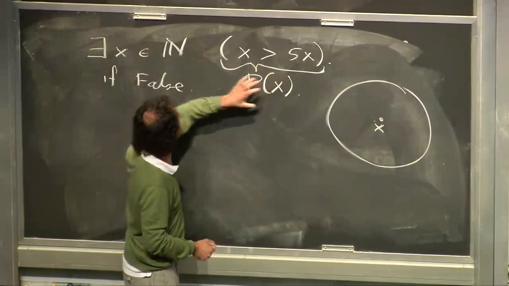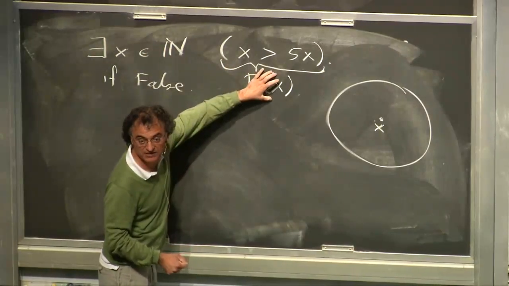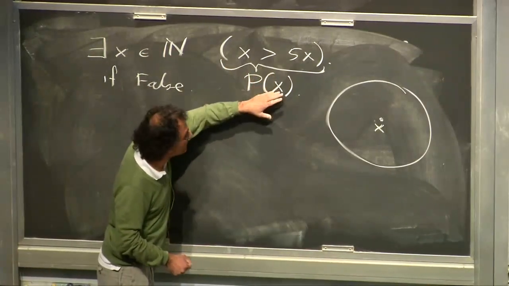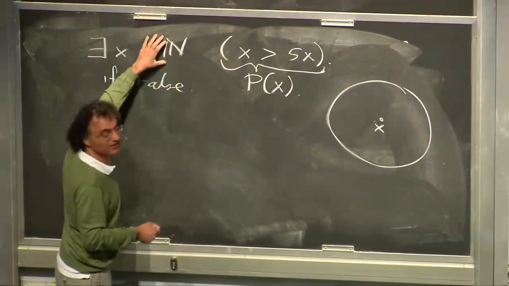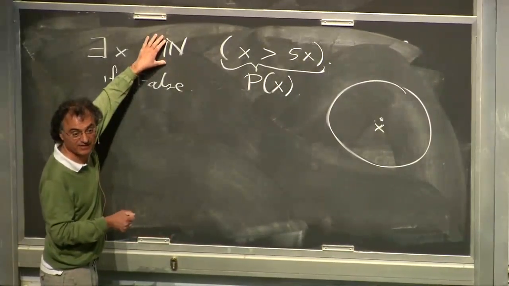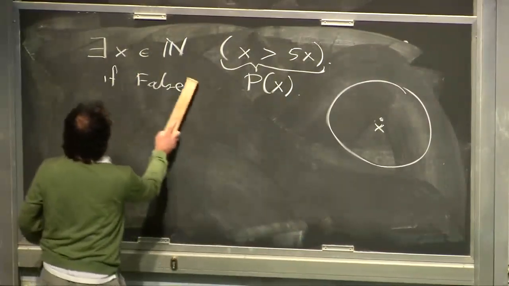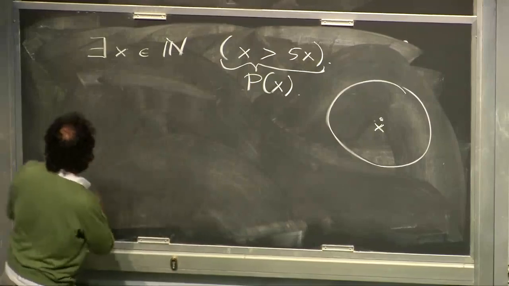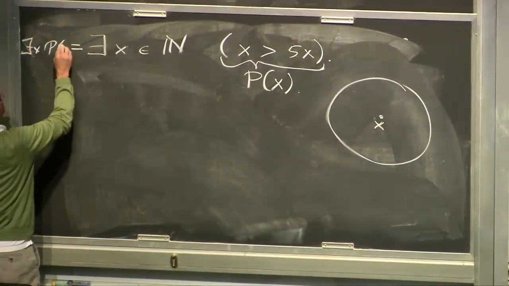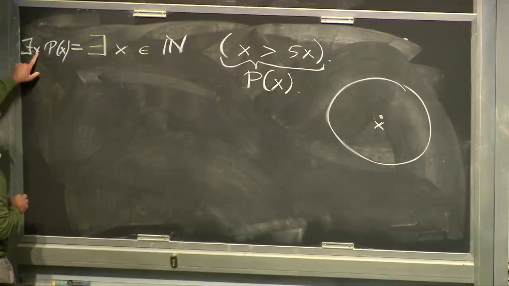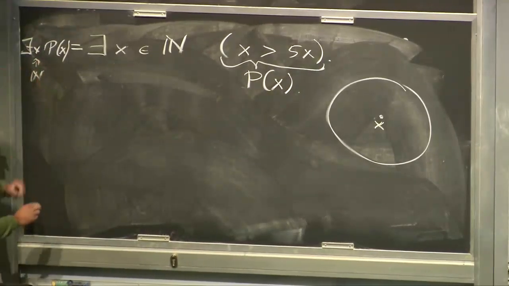So here's an existentially quantified proposition which says P of x holds for at least one value of x in the natural numbers. There exists x belonging to the natural numbers such that P of x.